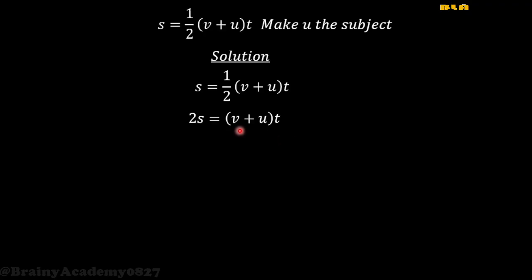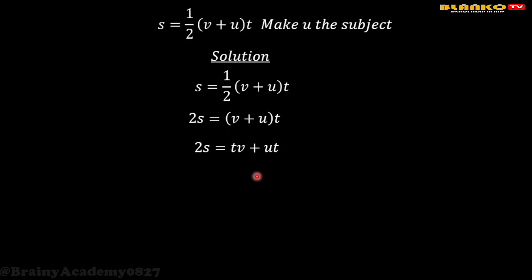Let's expand this bracket, and we do that by multiplying t by v, then multiplying t by u. So we get 2s equals tv plus ut. I hope you understand.